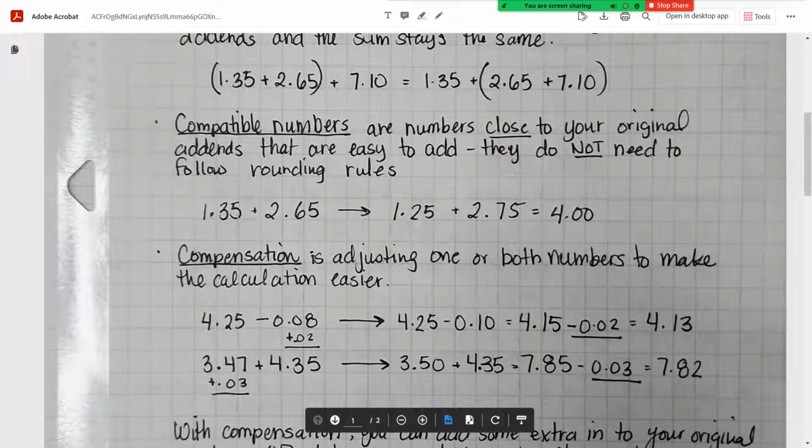So if I did 1 and 35/100 plus 2 and 65/100, I can change the 1 and 35/100 to 1 and 25/100, and the 2 and 65/100 to 2 and 75/100. Thinking about it like money, $1.25 plus $2.75. I know the 25 and the 75 are going to make a whole dollar. Plus another one, that's $2, plus another two, that's $4.